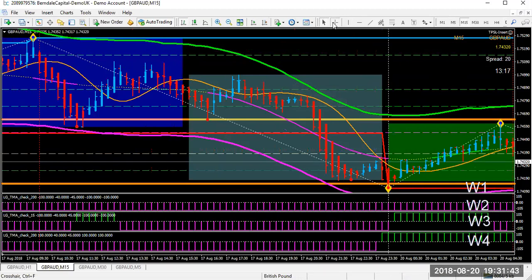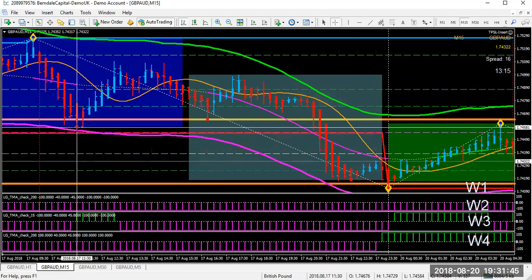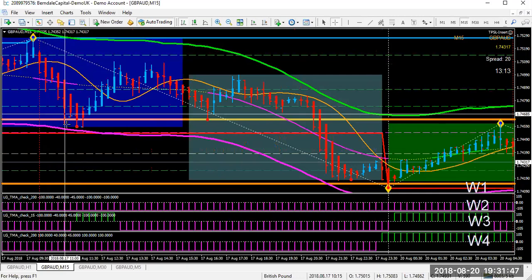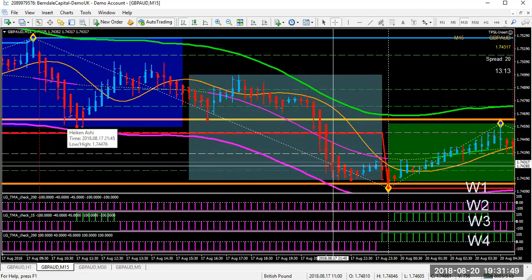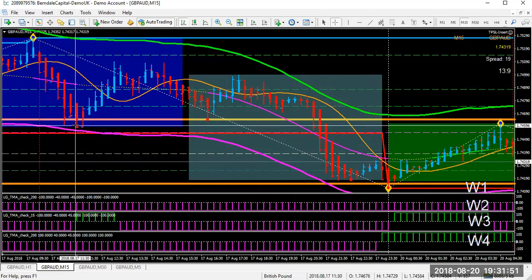Over here, a dotted white line may have gone there and later went down here. At this point we'd have exited, because if we didn't, we would have given back 50 pips, and we'd have lost the 43 pips that we had in profit.